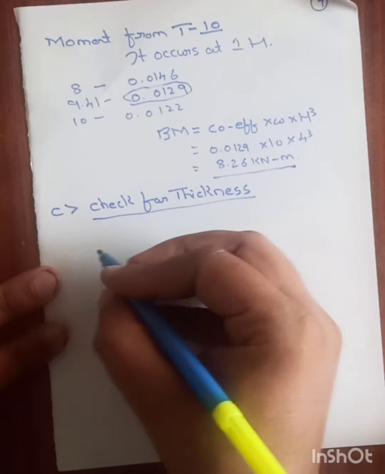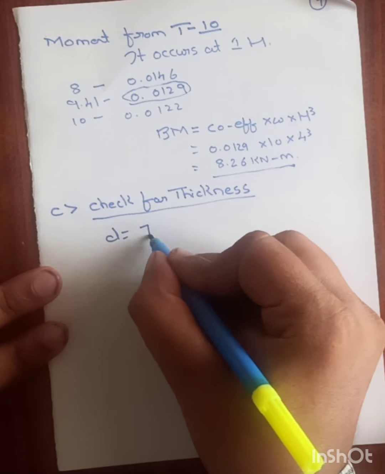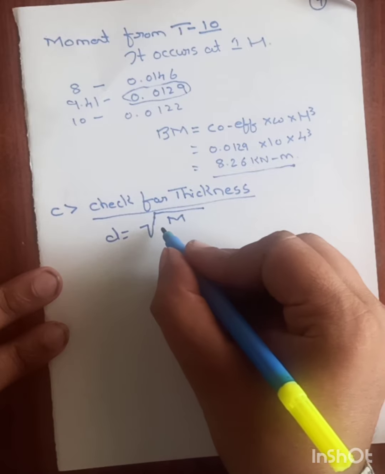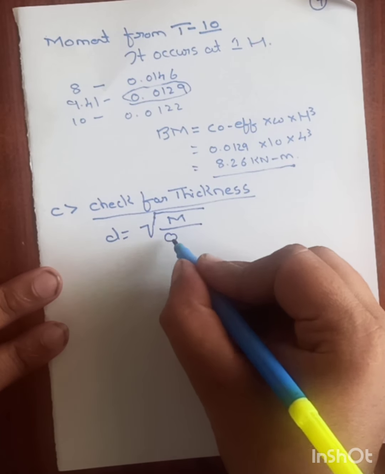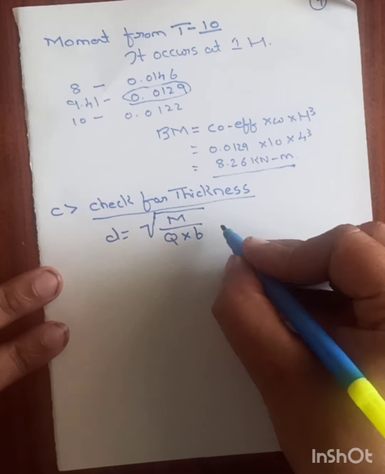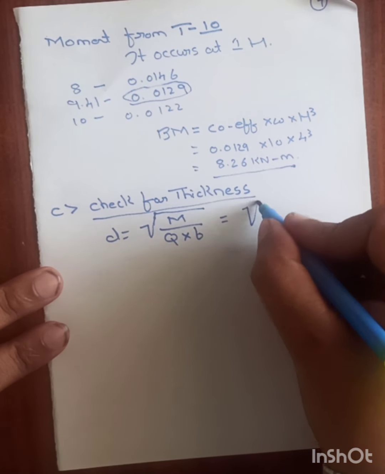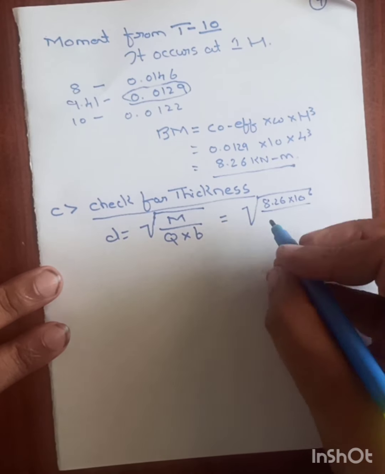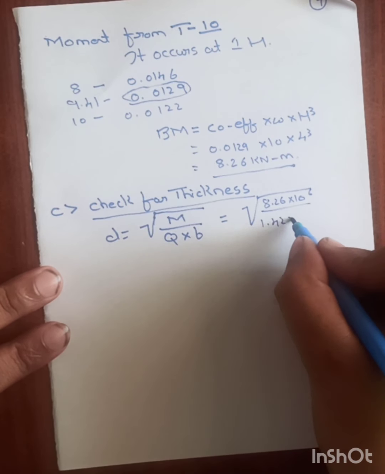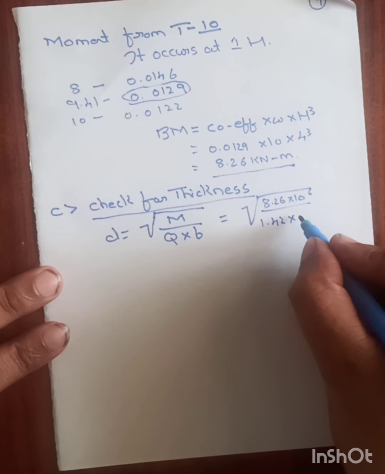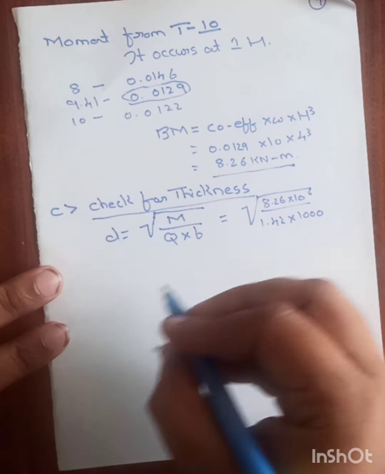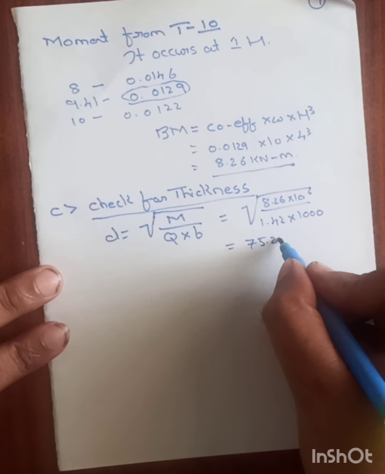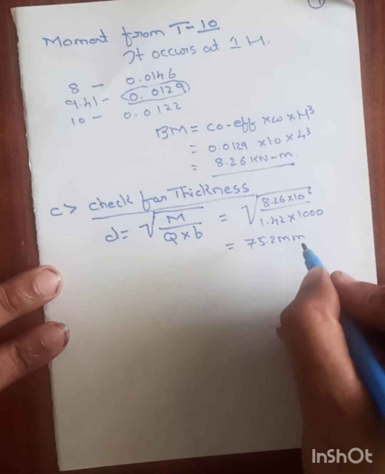Check for thickness. It is given by the square root of M divided by Q into B, that is width. 8.26 into 10 to the power 6 divided by Q, which is 1.42, into B, that is width per meter width, that is 1000 mm, which comes around 75.2 mm.